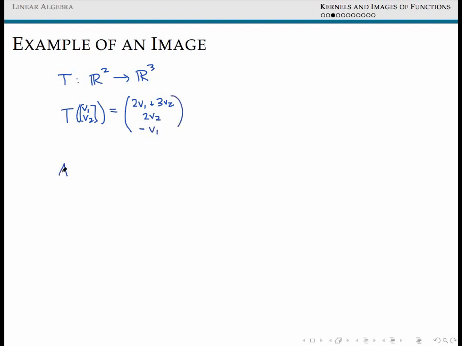This would be represented by some matrix A, going down the rows. This is now a 3 by 2 matrix: 2, 3, 0, 2, negative 1, 0. So this will be our map from R2 to R3.